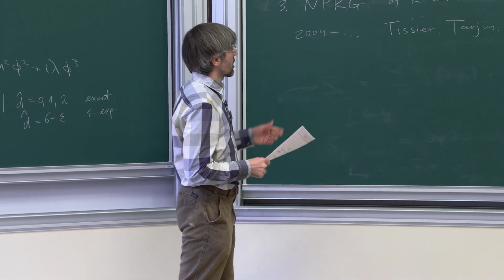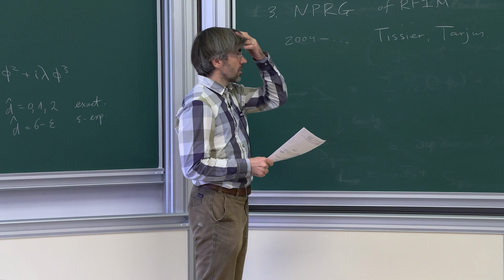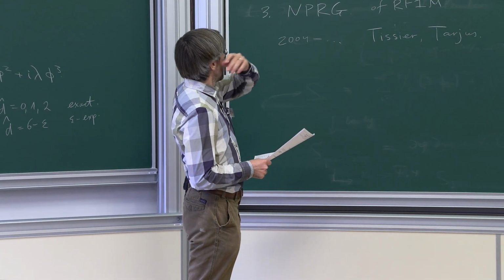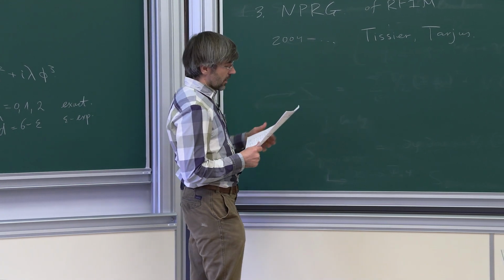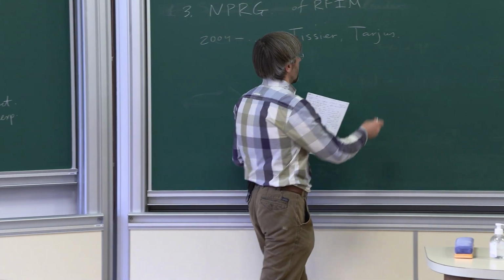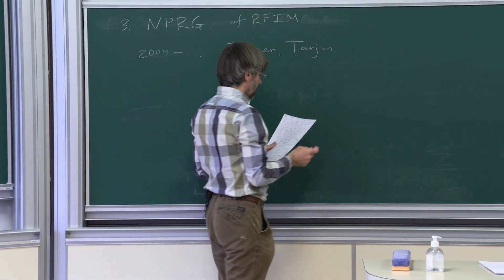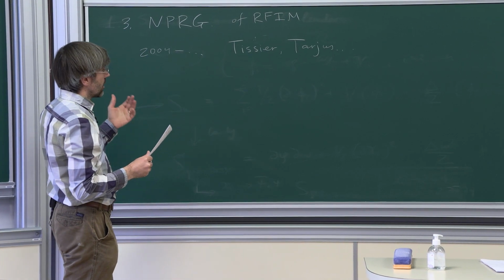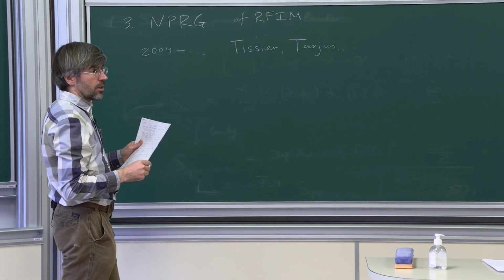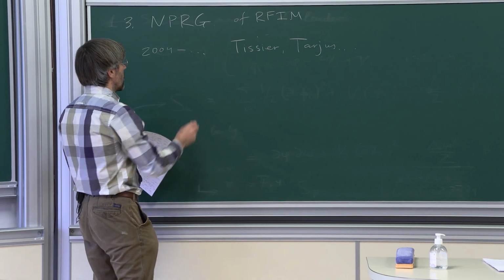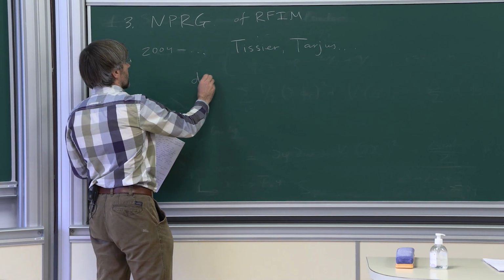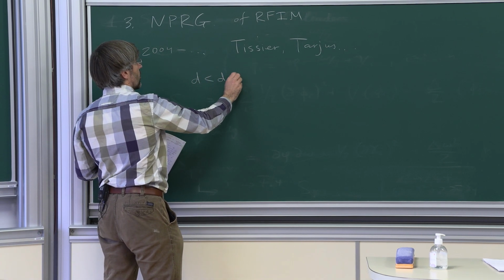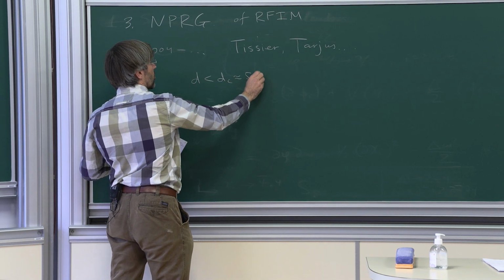So it's interesting to ask what this method gives for the random field Ising model. And these authors and their collaborators, in many papers, found that there exists a change of regime in the renormalization group equations for D less than d critical value, which is about 5.1.